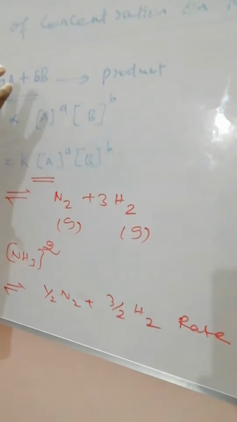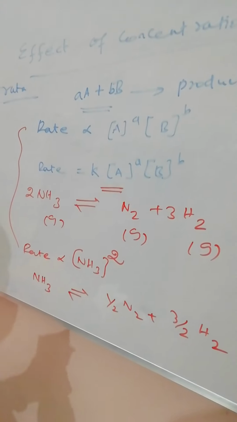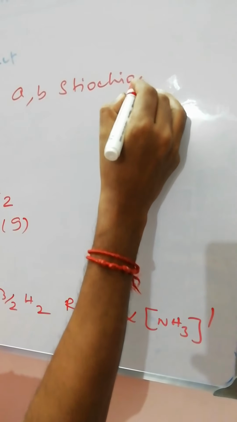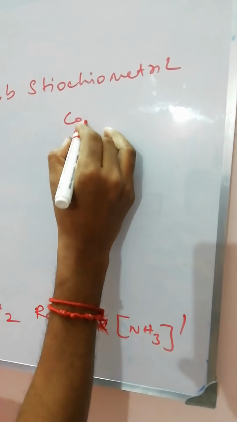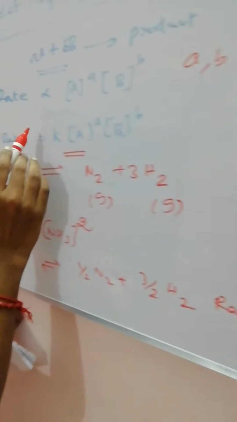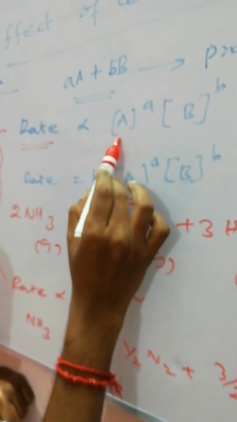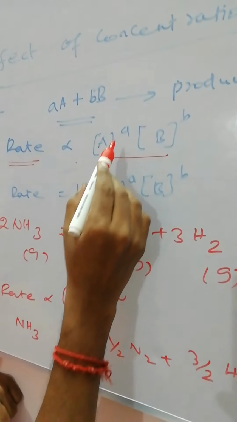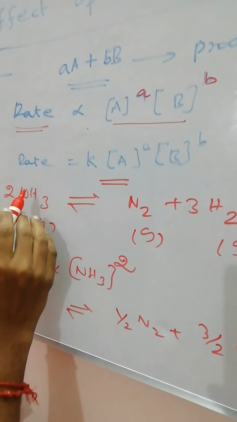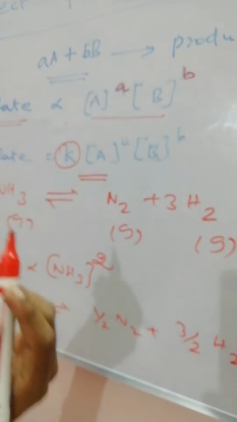For aA plus bB giving product, a and b are stoichiometric coefficients. According to the definition, the rate of the reaction is directly proportional to the molar concentration of reactants raised to the stoichiometric powers, and rate equals K into the same thing. K is called rate constant or velocity constant.